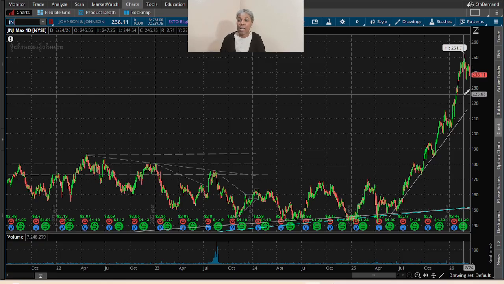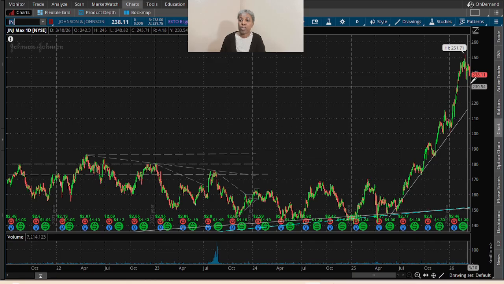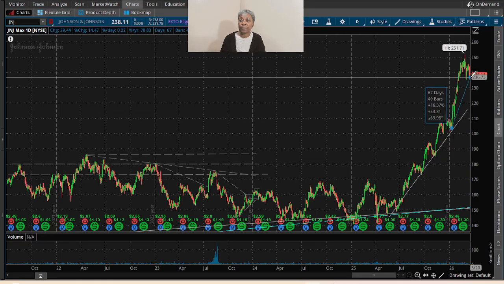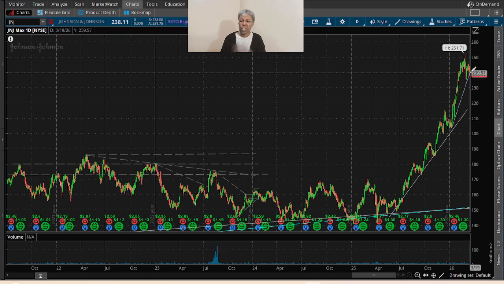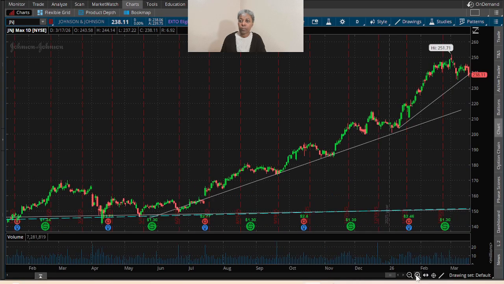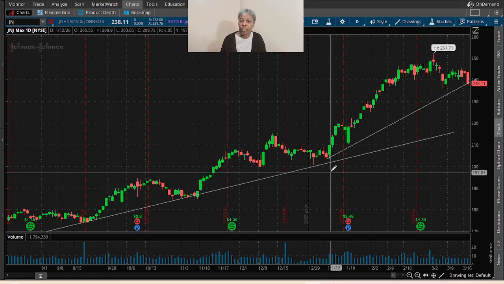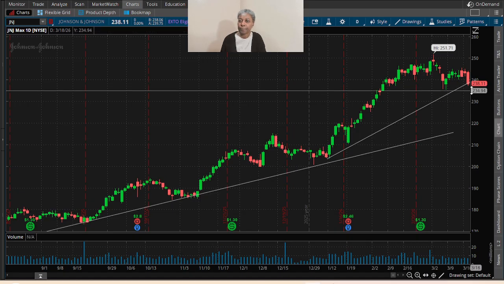So therefore, I'm not even going to try to see the support line, because I could easily trace a support line here. Just connecting higher lows. A higher lows there.